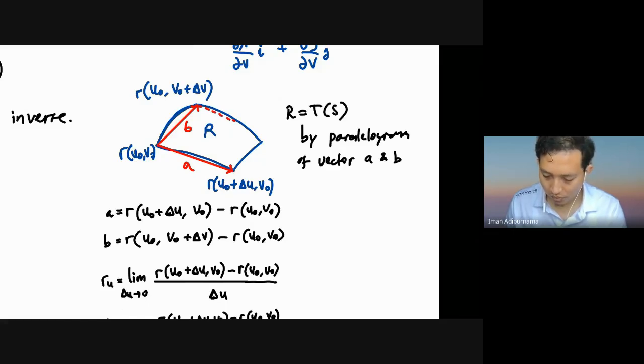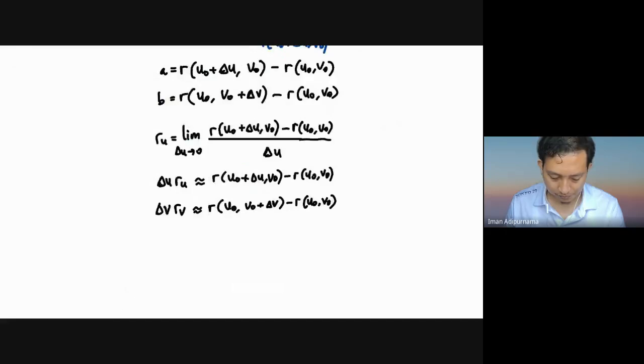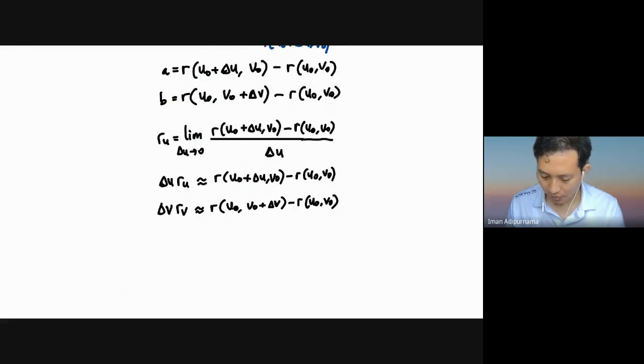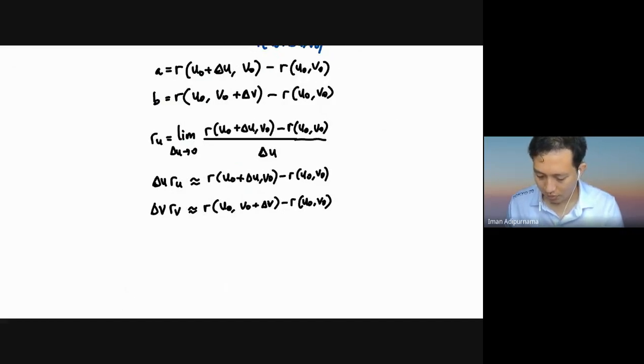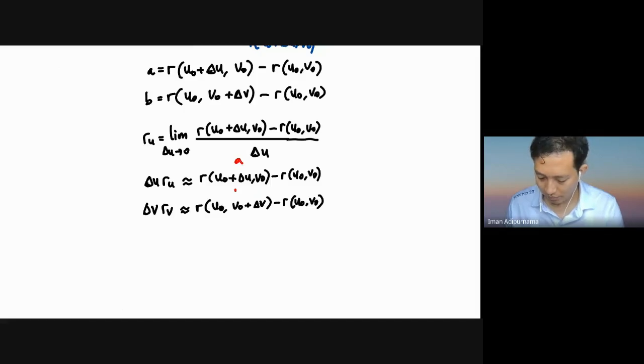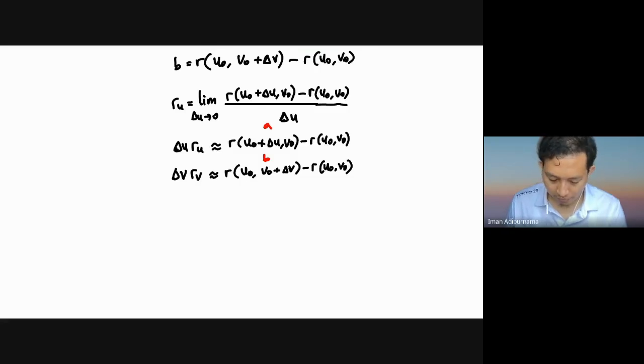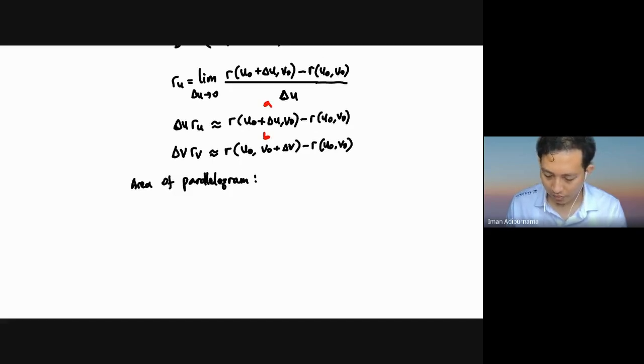So this is A, this is B. If you remember, the area of a parallelogram depends on delta U RU and delta V RV.